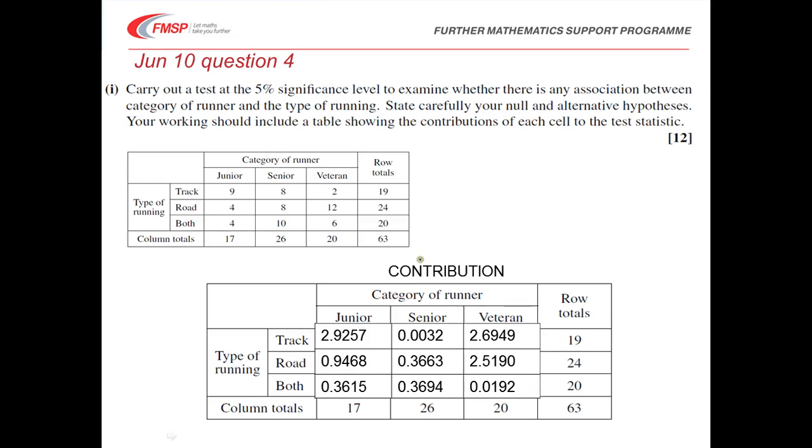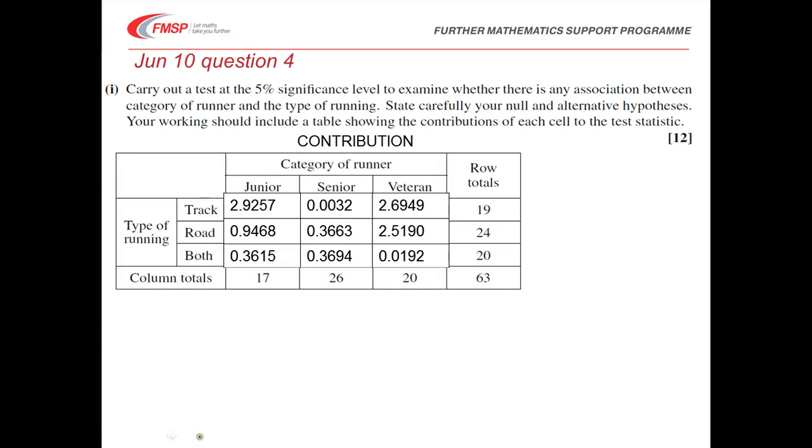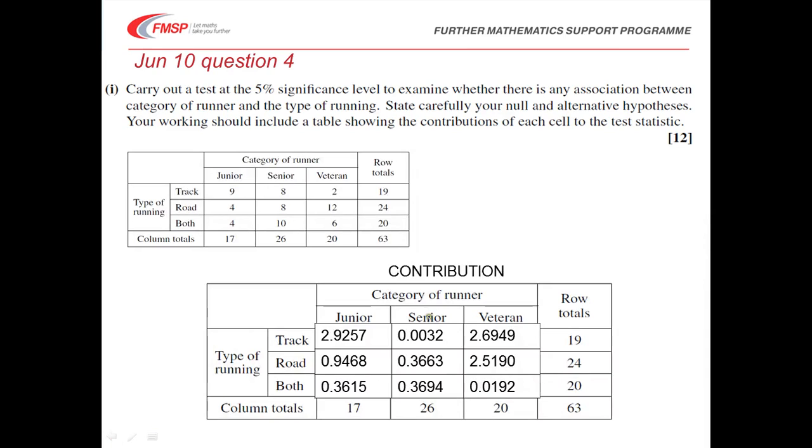Okay, now we need to be able to calculate the test statistic. So I'll do this on this one actually. The test statistic is effectively x squared, and it's going to be the sum of all of your contributions. You're going to add all 9 of these contributions together, and in this particular case it's going to give you 10.21.